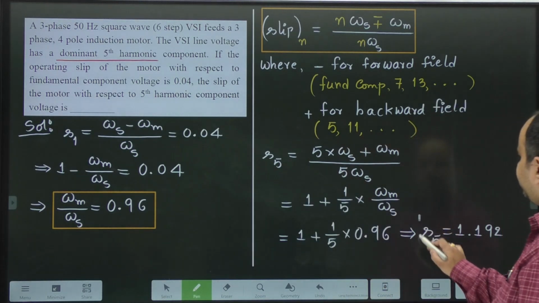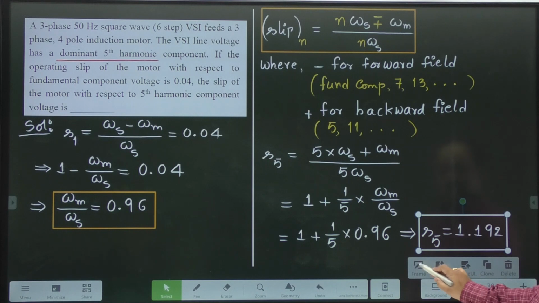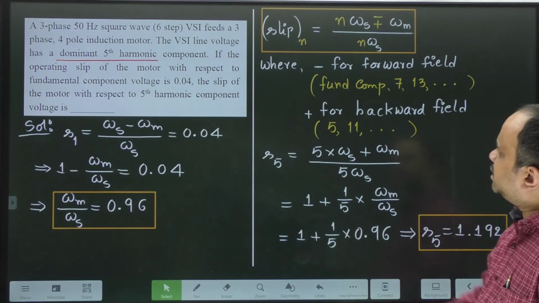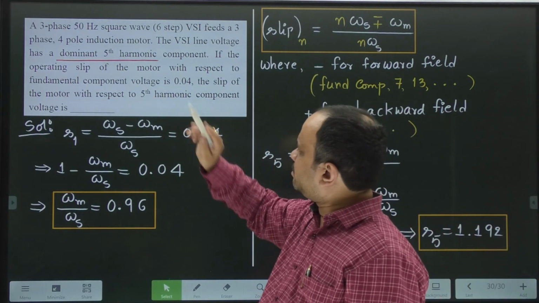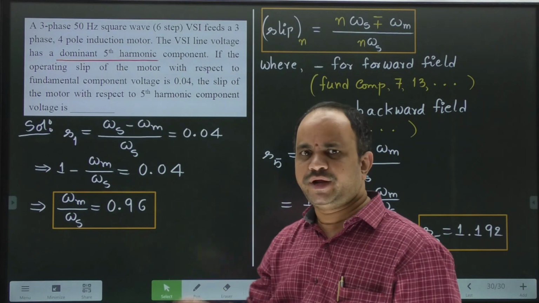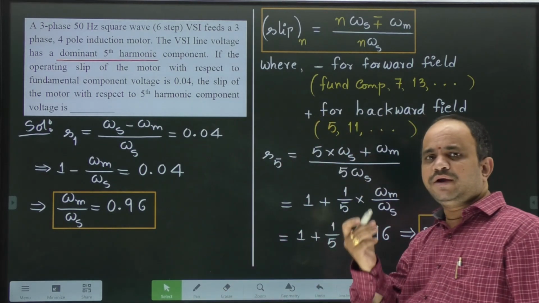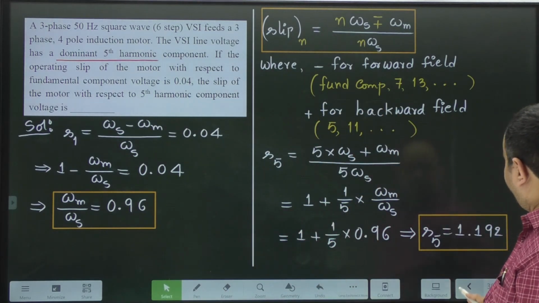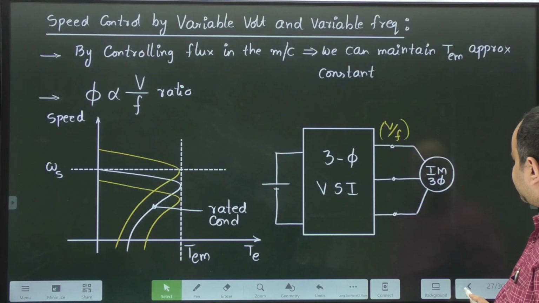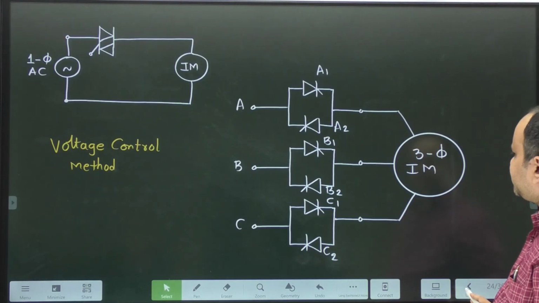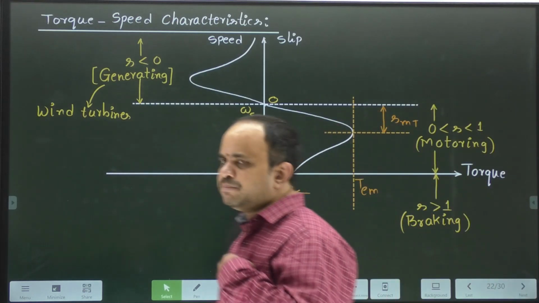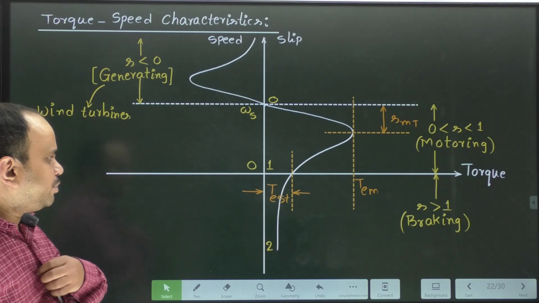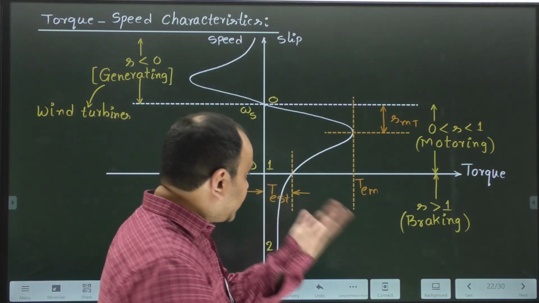So this problem is very important, and here is another way of justification. The phase sequence due to the fifth harmonic component is a negative phase sequence, right? Now if you recollect from the machines class, whenever the phase sequence is changed, the machine will operate in plugging mode, that is plugging or braking operation, where the phase sequence will be negative.